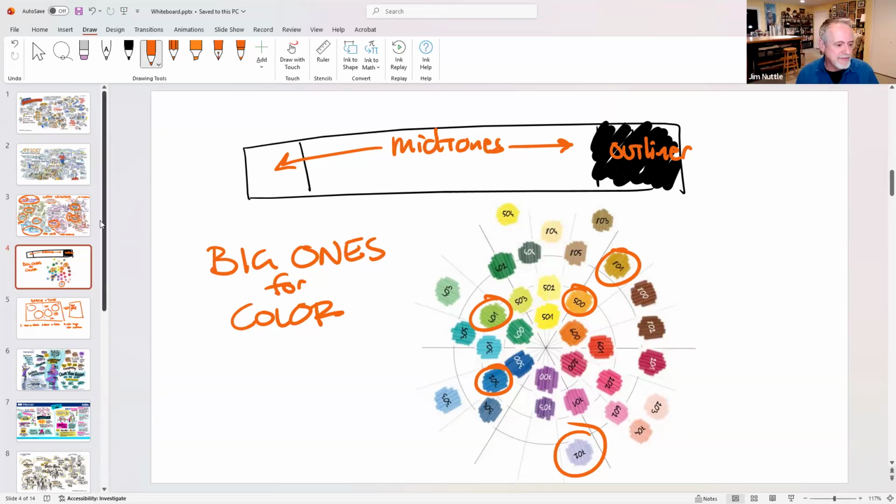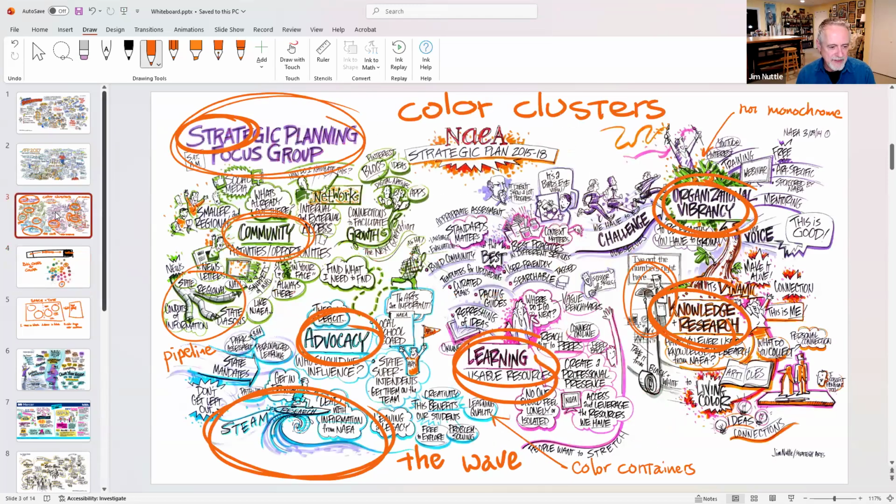So that's why I developed that approach. Like in the first drawing where I had the heading strategic planning focus group, I captured that with just the basic black marker to have it on the page. I knew that was going to be the heading, and then I went back and added the color over top of it with the thicker Big One marker.